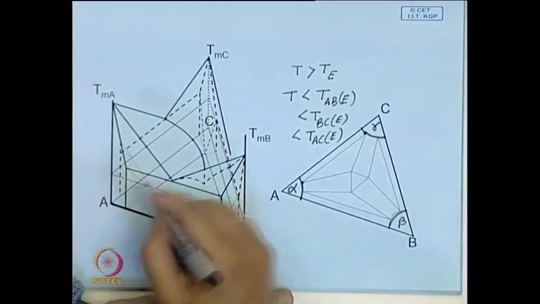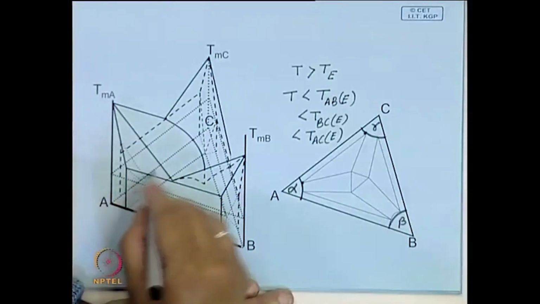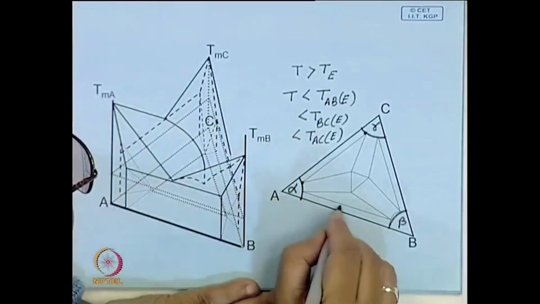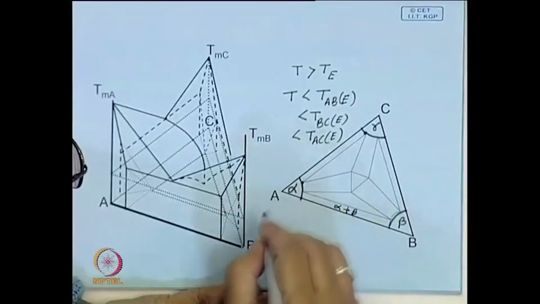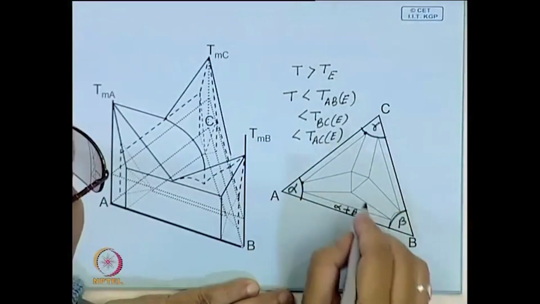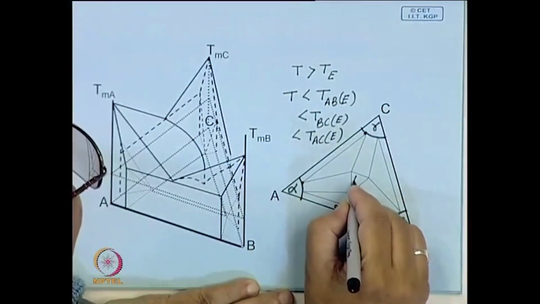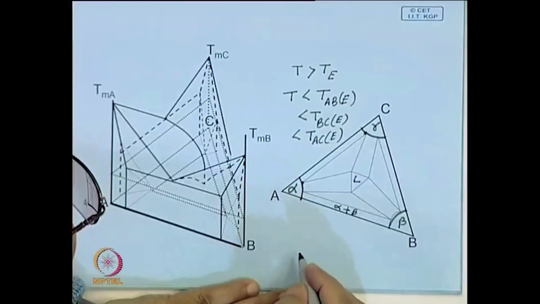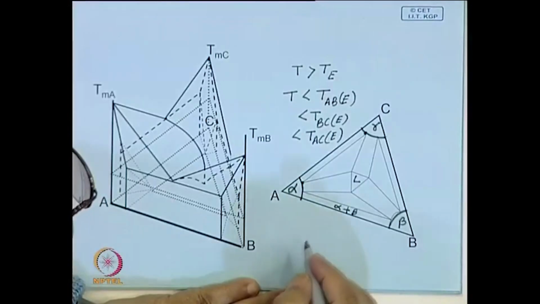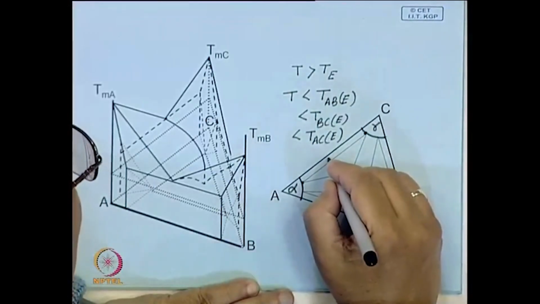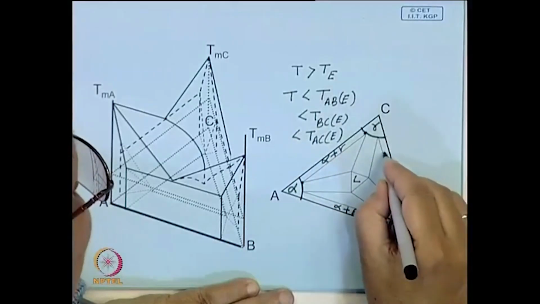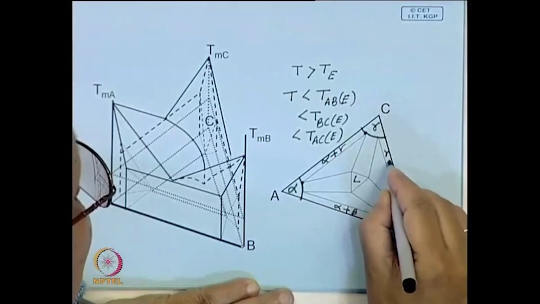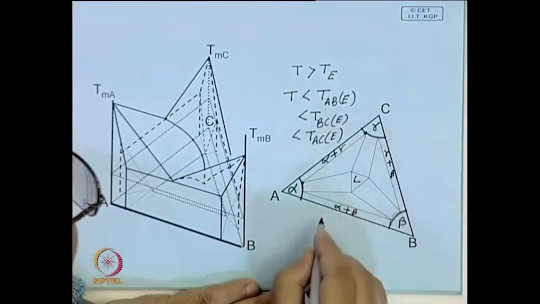Say here, this will be alpha plus beta, and this is the portion which is liquid. This portion will be alpha plus gamma, this portion will be gamma plus beta.